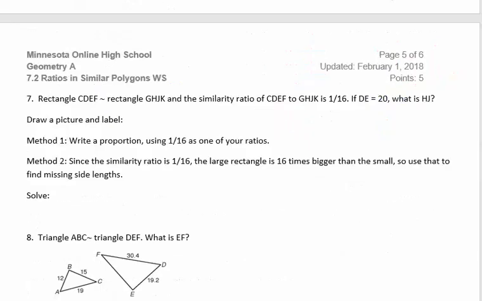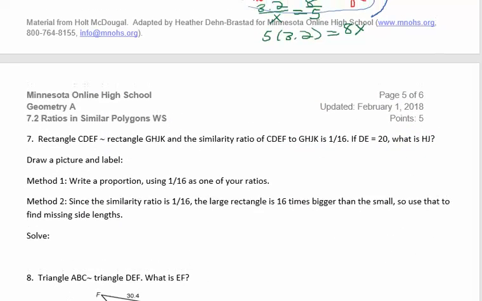The second one I want to look at, because this one's a little bit different. In this one we do have two rectangles again. You can use the same rectangles you used before. I'm going to label these with their letters.